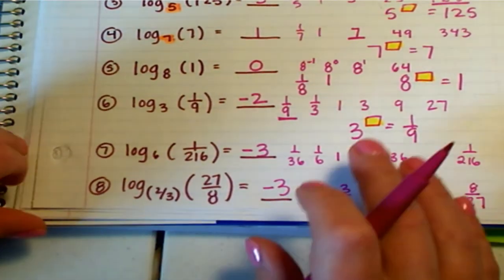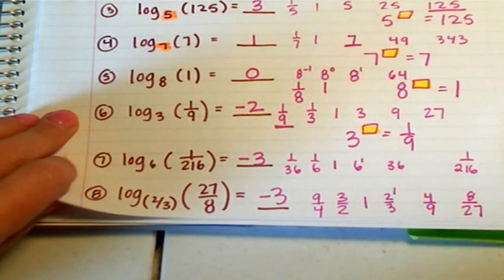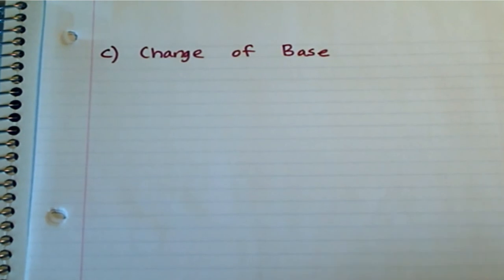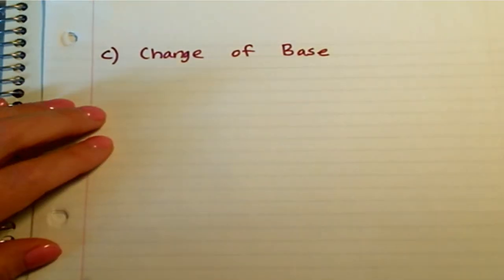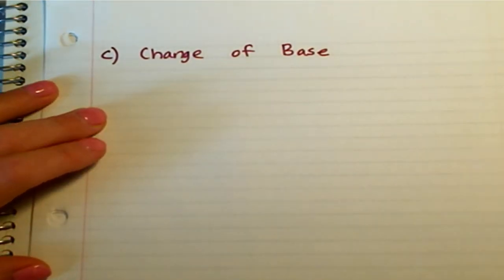All right, so now we're going to look at something a little bit trickier. This is called change of base. And this is when you end up trying to evaluate a log where it doesn't quite work.